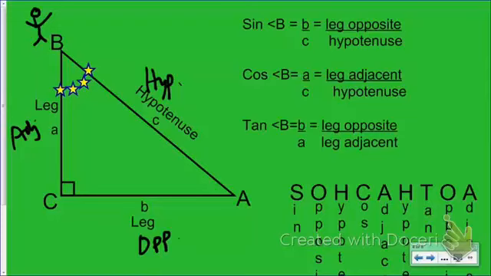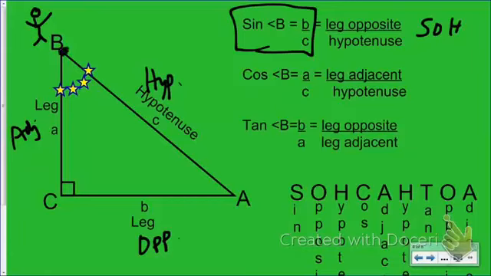So if we wanted to find sine B, it would be B over C, because remember, sine is SOH. It would be opposite over hypotenuse. So from corner B, it would be B over C. Cosine angle B, so the cosine from corner B would be CAH, adjacent over hypotenuse.